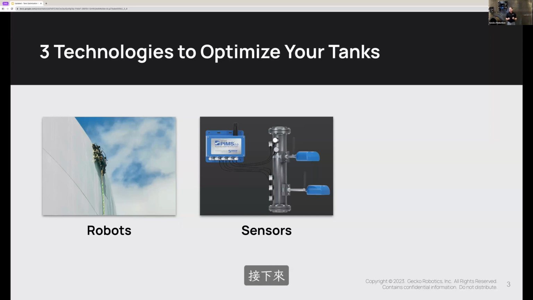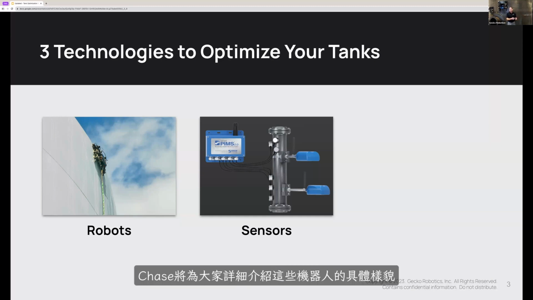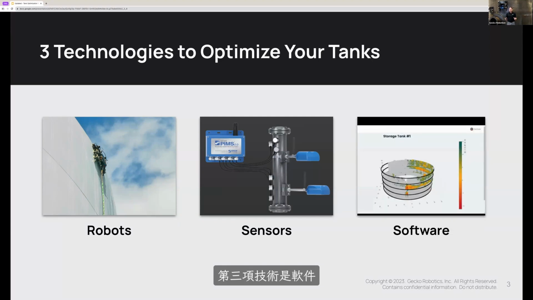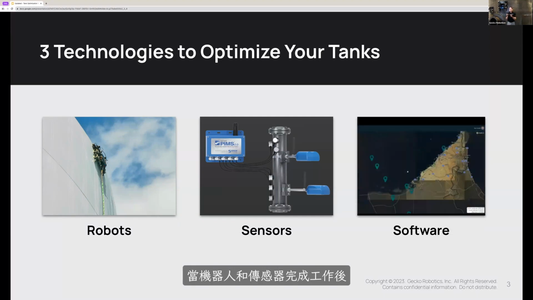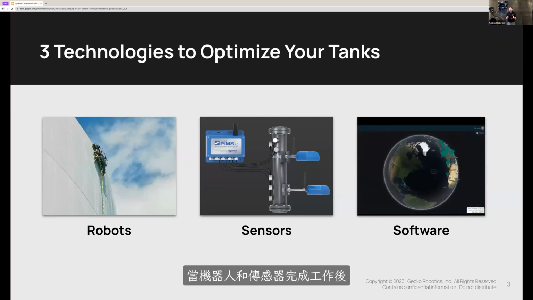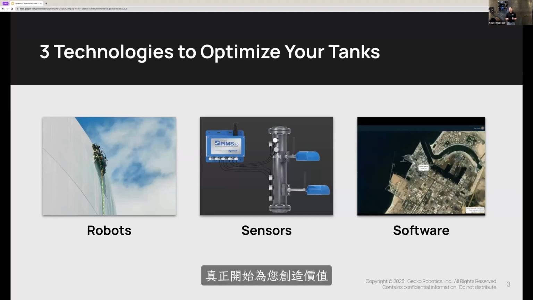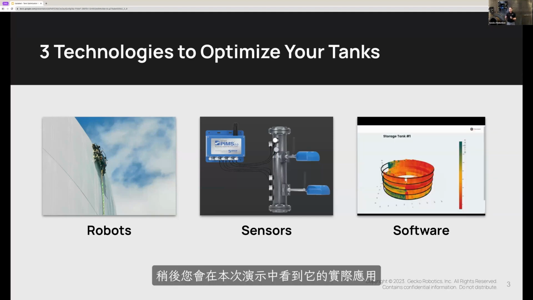In just a moment, Chase is going to walk us through some specifics related to those robots, and then I'll show you what the sensors look like. The third ingredient is software. Once the robots and the sensors have done their job, we then have a software system that goes to work and really starts to drive value. And again, you're going to see that in action a little later on in this presentation.